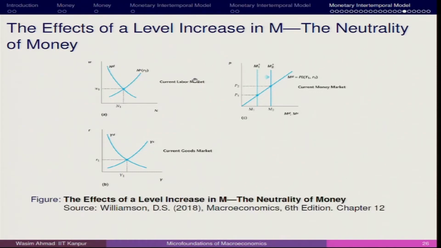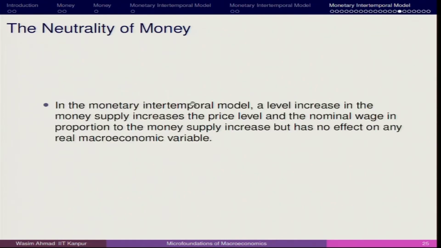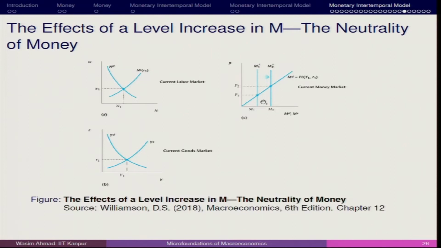So, I hope it is clear that in the current period, when we are trying to understand the monetary intertemporal model, we are more or less able to understand the neutrality context. Classical dichotomy is a controversial topic and economists have often disagreed, so there is still agreement and disagreement on this topic, but overall the analysis looks more familiar if you see it only in the current period framework.